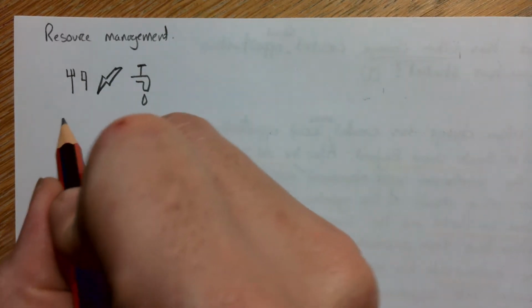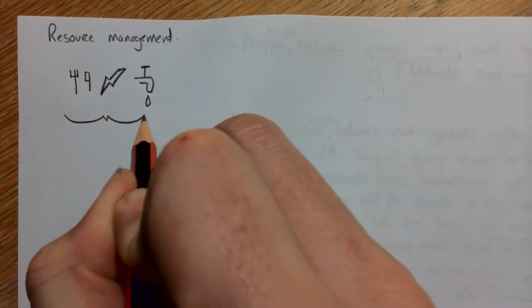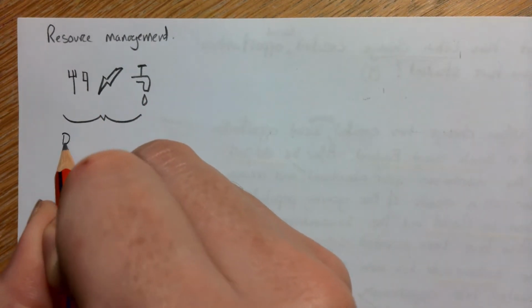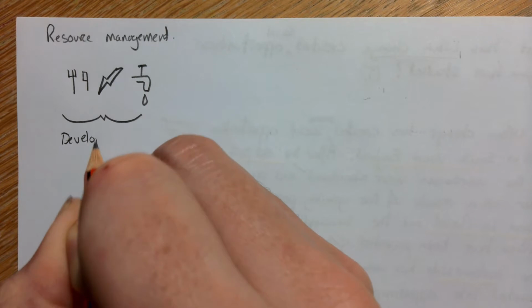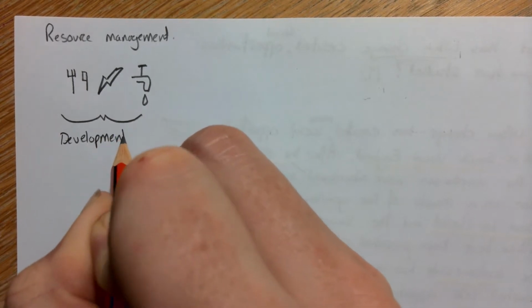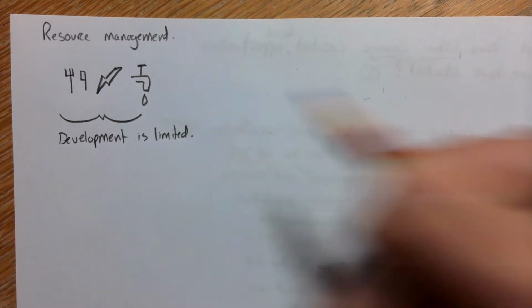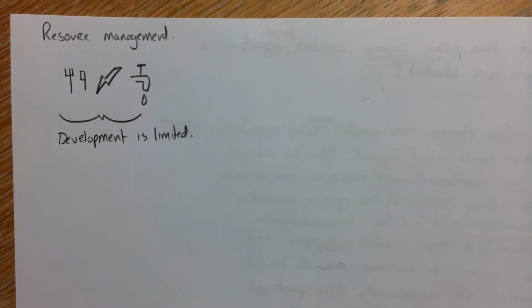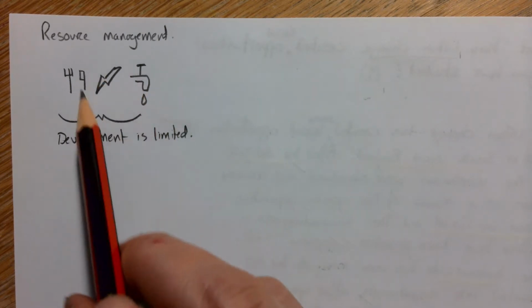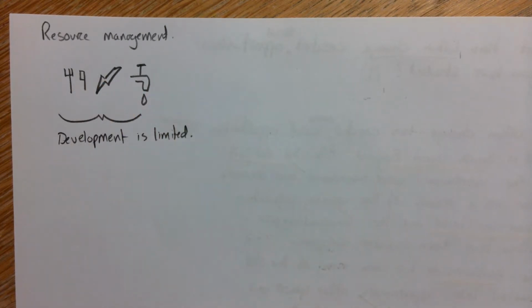Without these three things, development is very difficult, or development is limited. So if a country wants to improve the quality of life of its citizens, these things need to be secure.